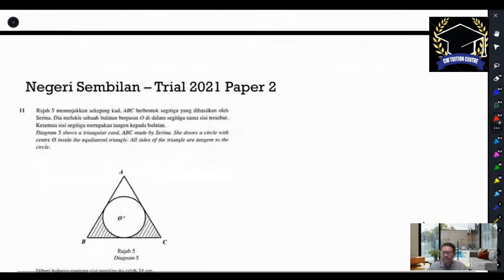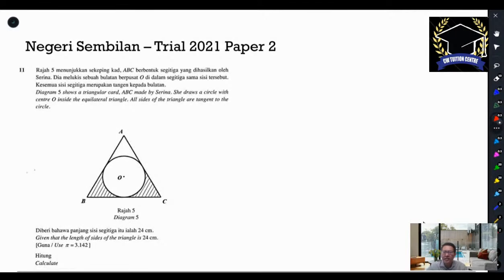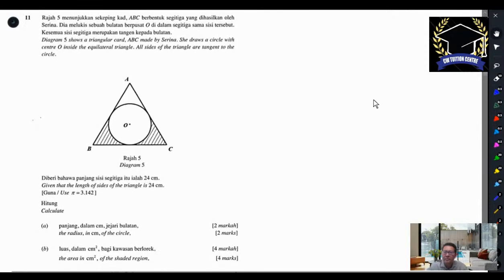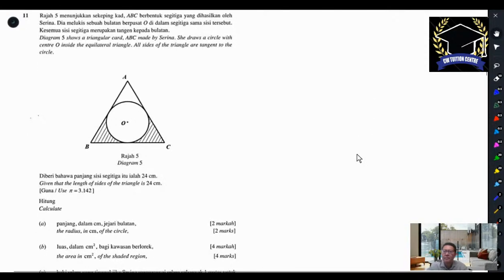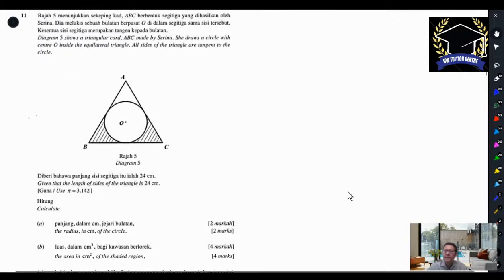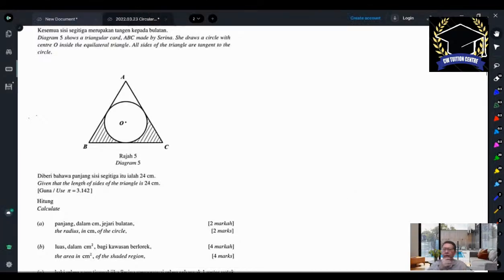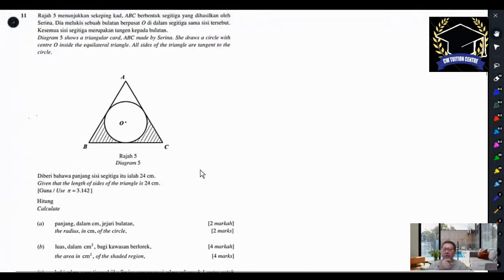Next, I choose this Negeri 9 paper. Let's read the question. Diagram shows a triangular cut ABC. She draws a circle. Sometimes the circle is in a triangle, or sometimes a triangle is in a circle.